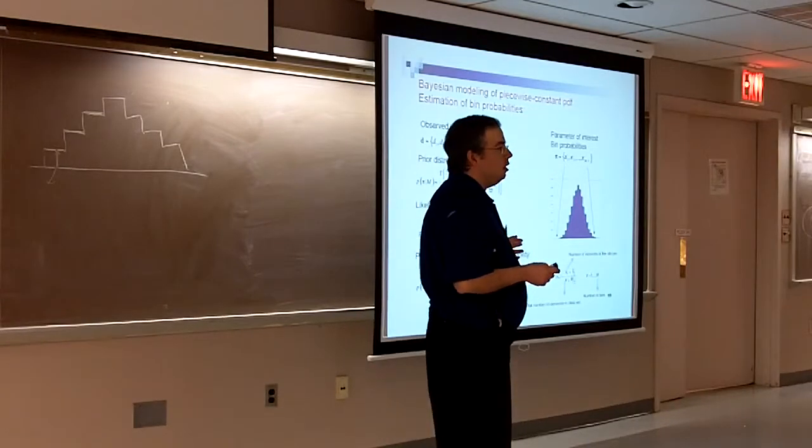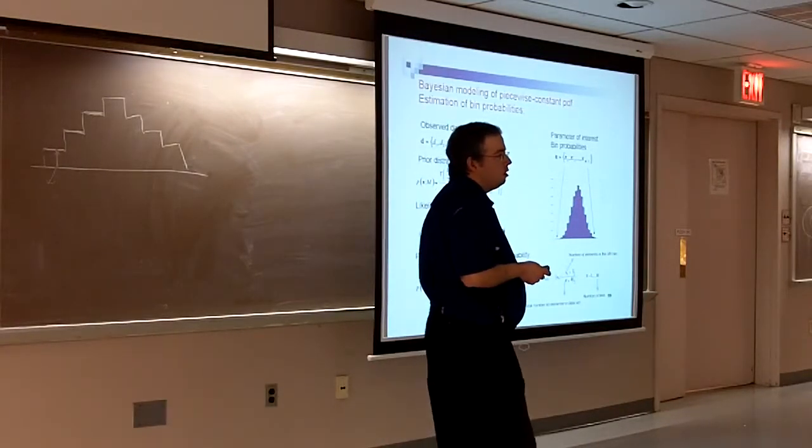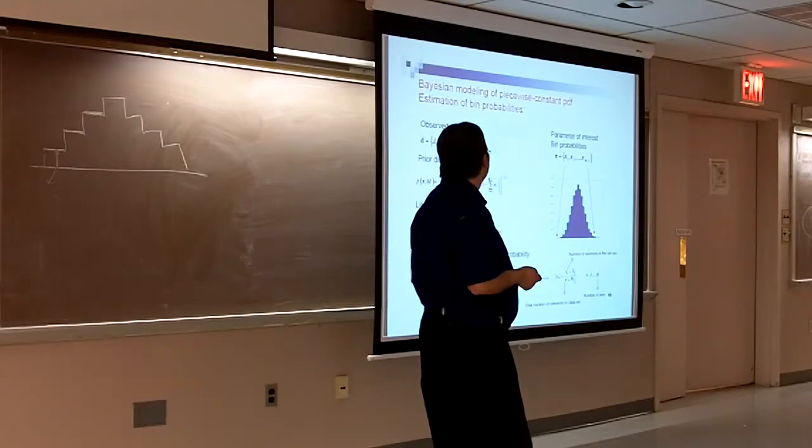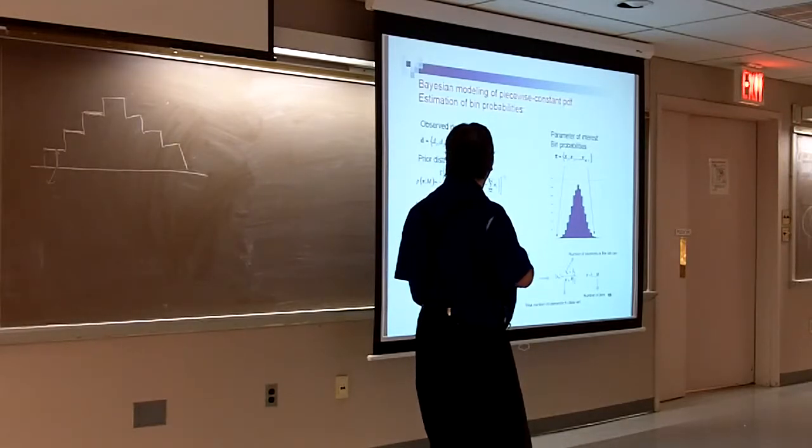Yeah? So I see an M dependence. You're also using this to determine the number of bins? Yeah, M also has a prior, which is common, a uniform prior. And you're taking a flat distribution over the pi? No, pi has a Dirichlet distribution.